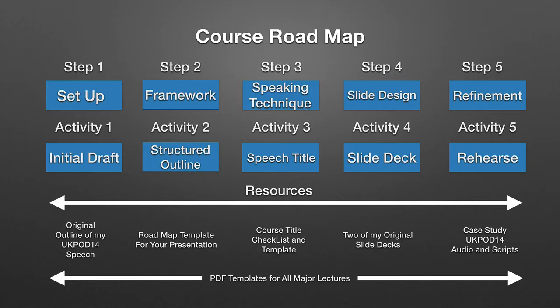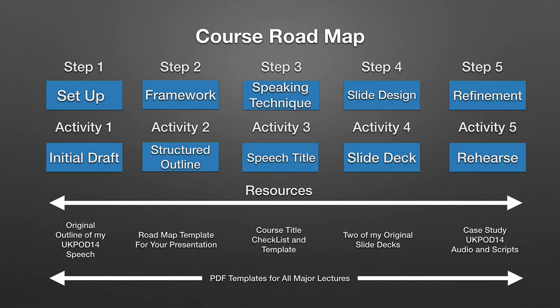Now, in addition to all that, I've given you some very specific resources to help you. I've given you the original outline of my UK Pod 14 speech as I initially drafted it, so you can see where I started. Then I've given you a roadmap which evolves through step 2, and we work together and I show you how you build up this framework and you end up with a roadmap template for your presentation.